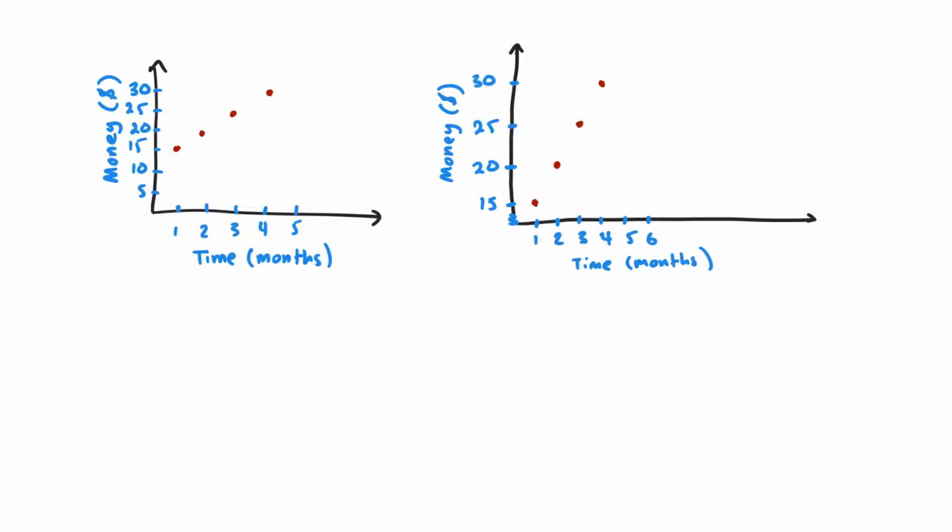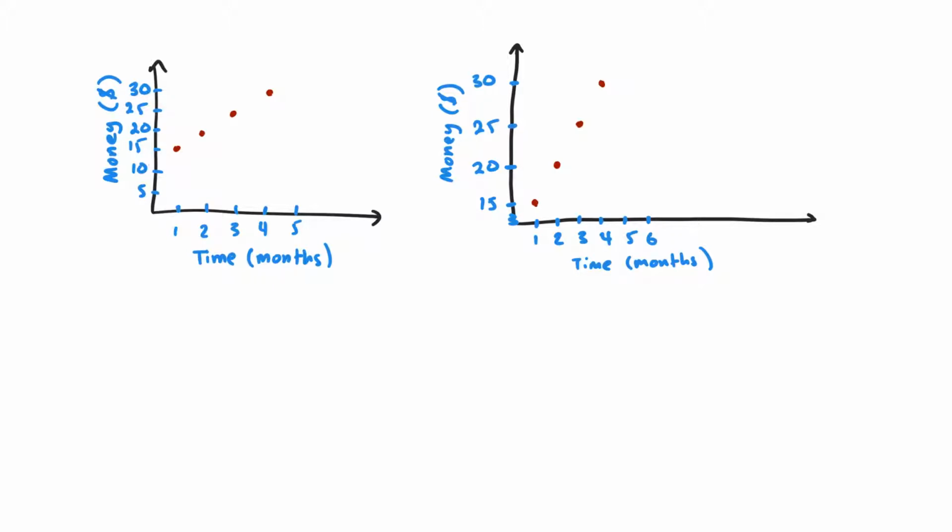For example, over here we have two graphs, and you can see that in both of them we have time on the x or horizontal axis and money on the vertical axis, or this is our independent and this is our dependent. And we can see that the points are actually the exact same points.